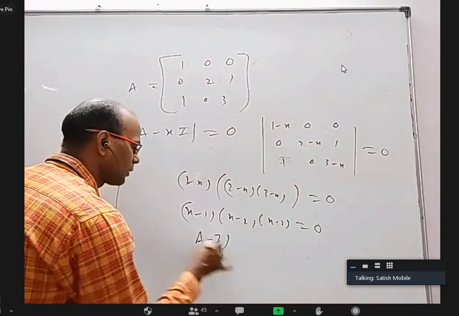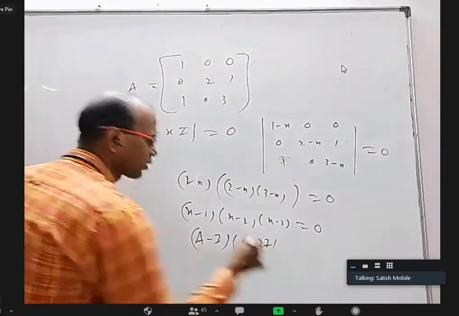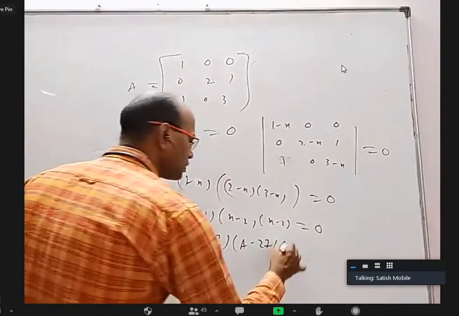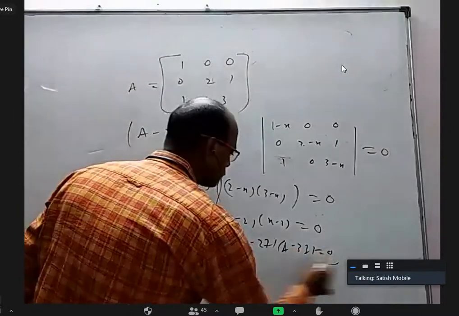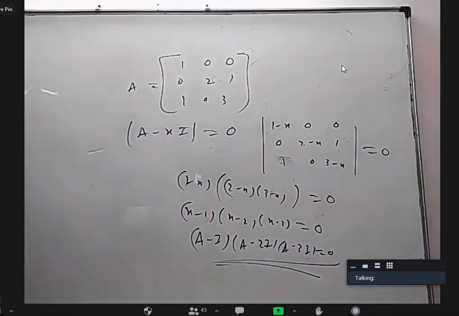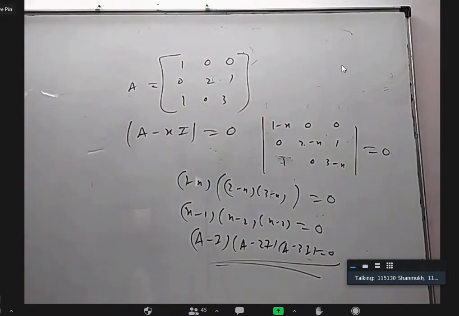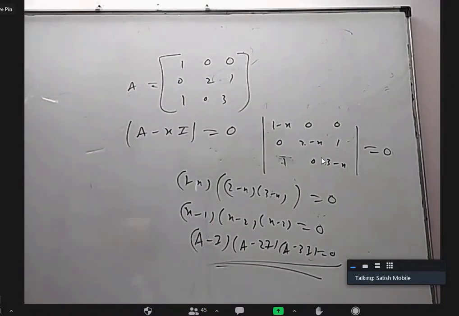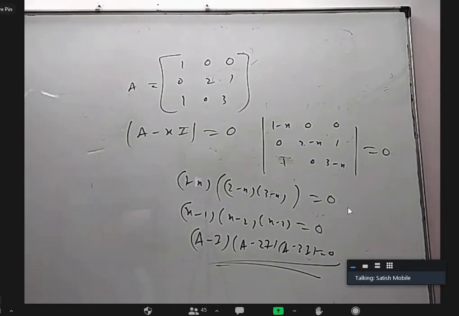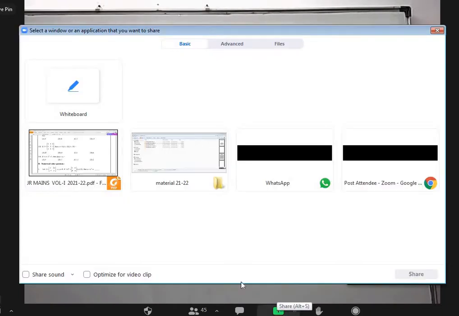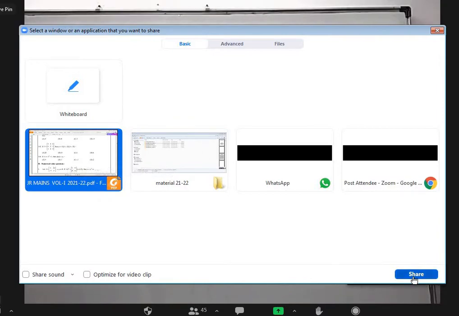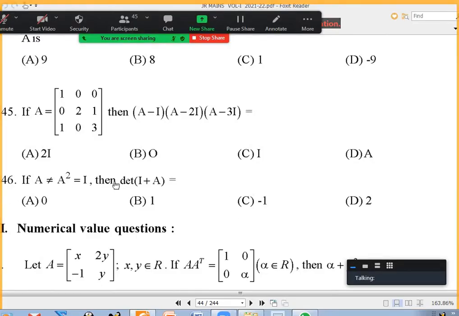It becomes A minus I into A minus 2I into A minus 3I equal to the null matrix. Done. Otherwise, I have to find A minus I separately, A minus 2I separately, A minus 3I separately, and multiply them. At the end, the answer will become the null matrix.